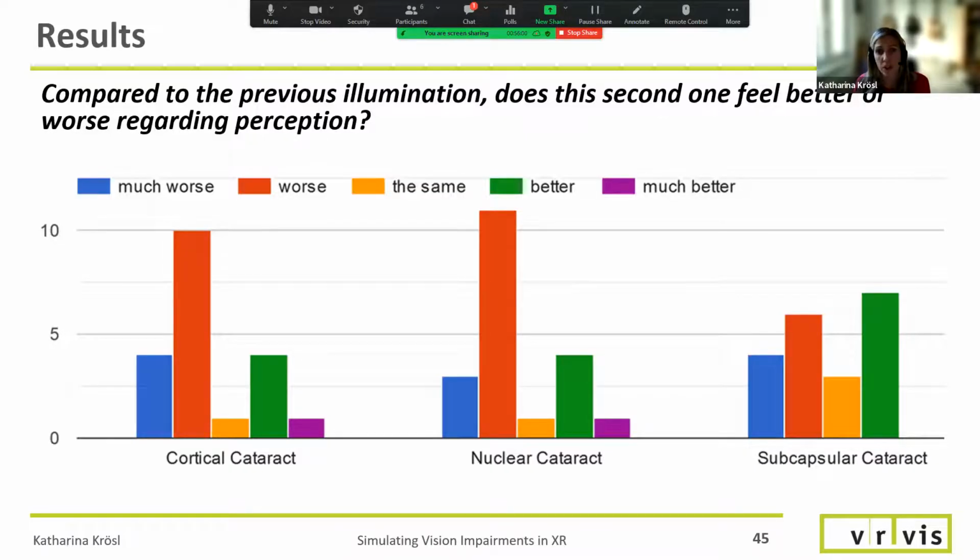Our results showed that lighting systems with many light sources in the field of view of the user are perceived as especially uncomfortable. And this was a user study with people with normal or corrected sight wearing glasses or lenses.